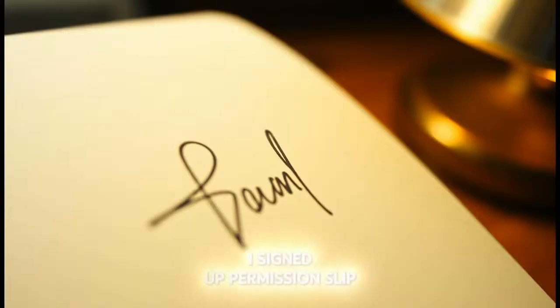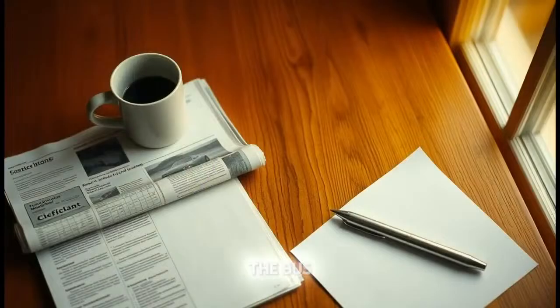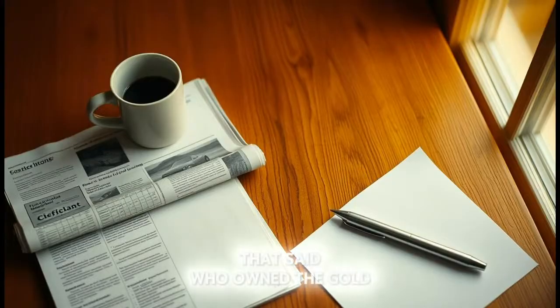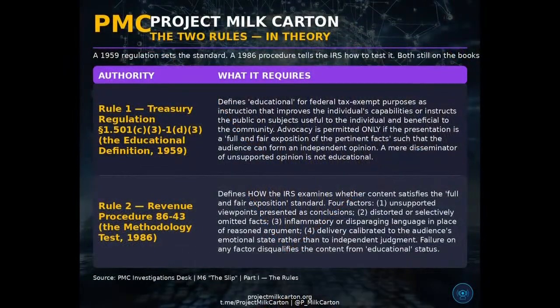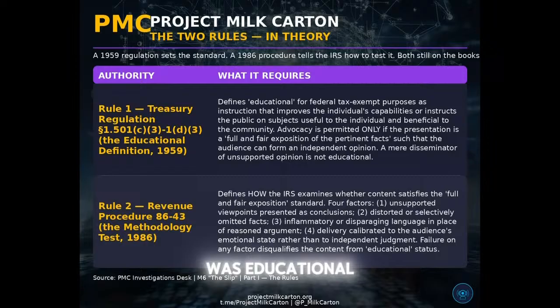I signed a permission slip on Wednesday morning, 7:45, the coffee going cold. I read the top line, I read the trip, I read the bus. I didn't read the line that said who owned the gold. The word on the letterhead was a word I thought I knew. The word on the letterhead was educational.